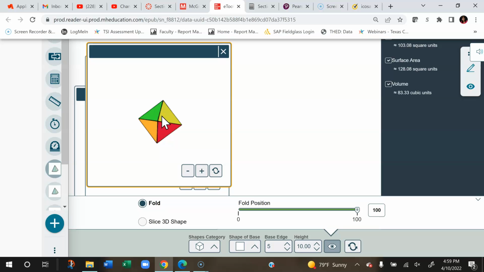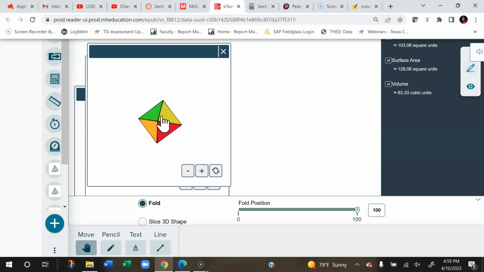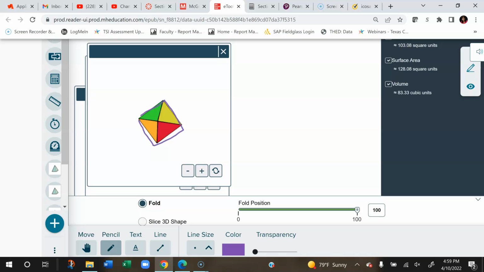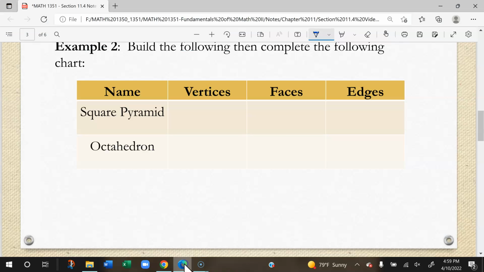And then I am going to come down here and try to draw. We have 1, 2, 3, 4, 5, 6, 7, 8 edges. So we had 5 vertices, 5 faces, and 8 edges.